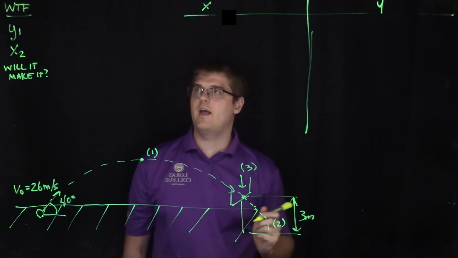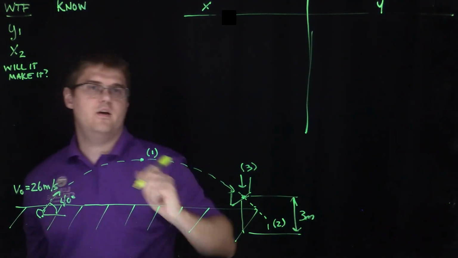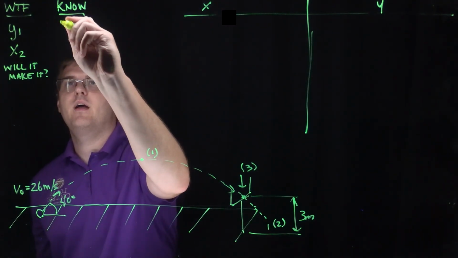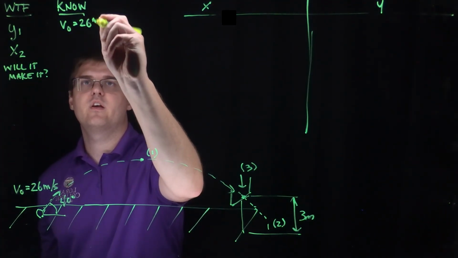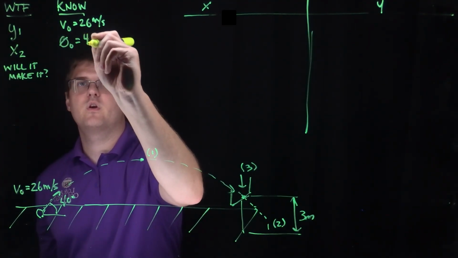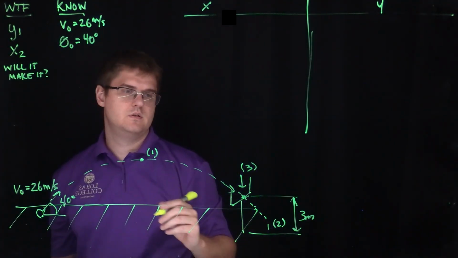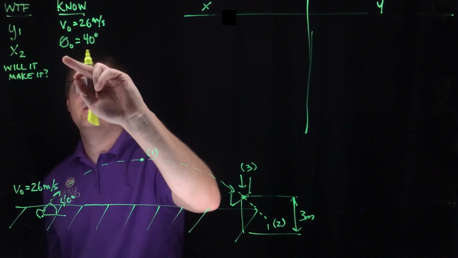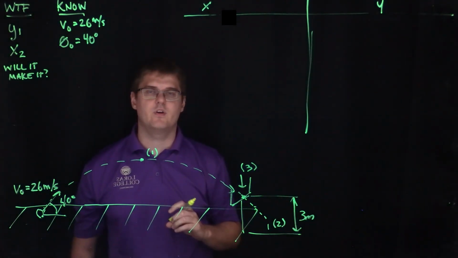We're going to be adding a ton to this as we break it out. But I have my velocity at 0 is 26 meters per second, and theta at 0 is 40 degrees. I'm going to leave that 3 meters out of there because it's not describing the ball.